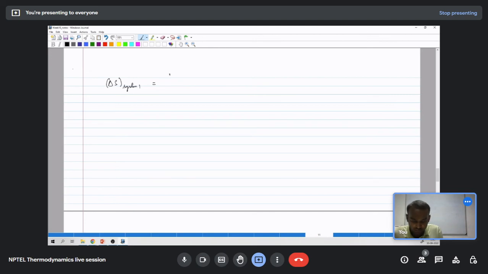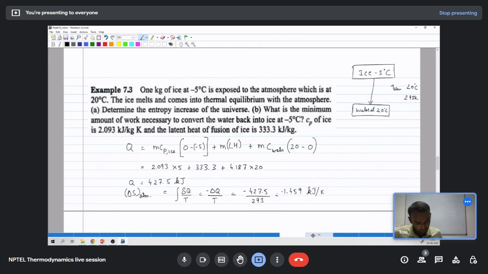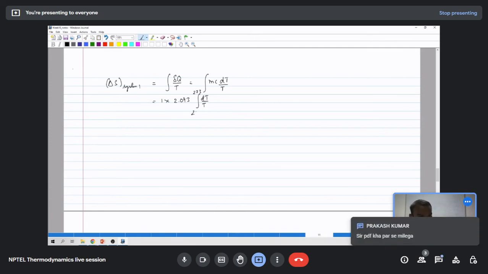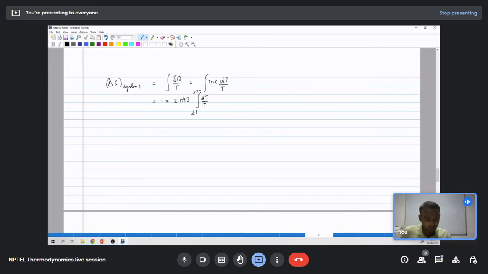So we have the integral del Q by T, so this is m c dT by T. Here m and c are constant, so I will take them out. m is 1, so it is 1 into c, and c of the ice is given in the problem, which is 2.093, into the integral of dT by T from minus 5 degrees Celsius to 0 degrees Celsius. 0 degrees Celsius is 273 Kelvin and minus 5 is 268 Kelvin.